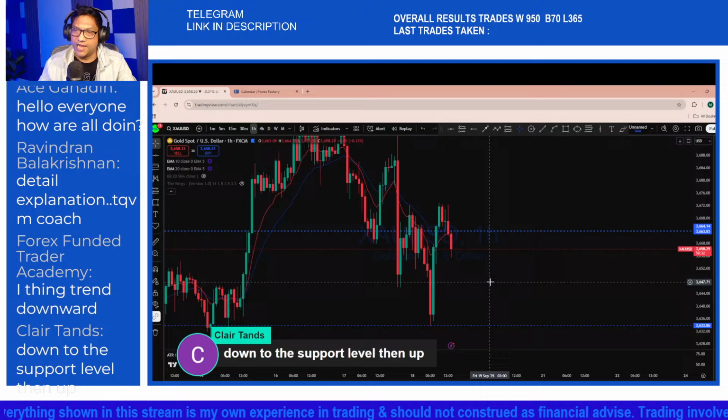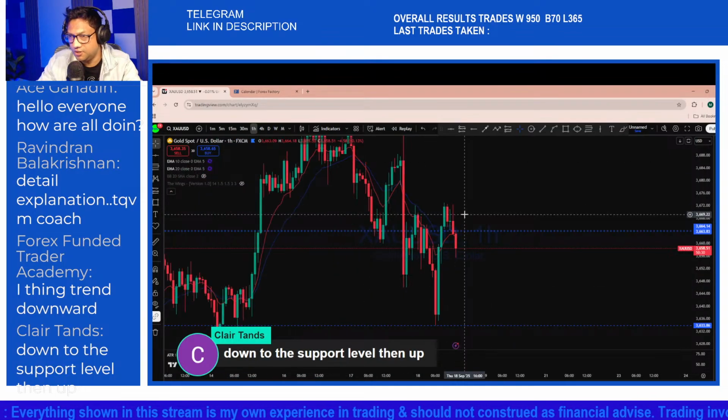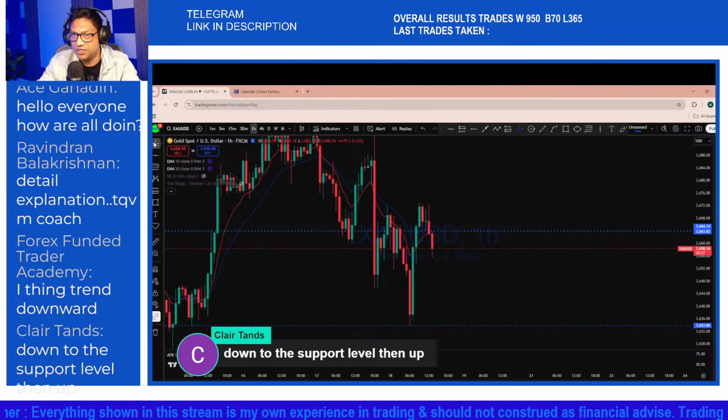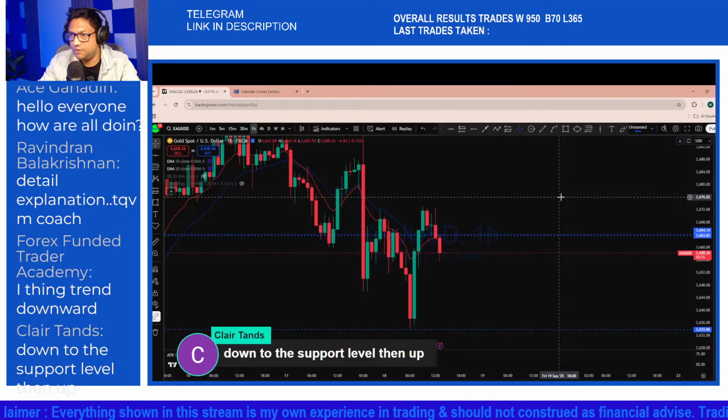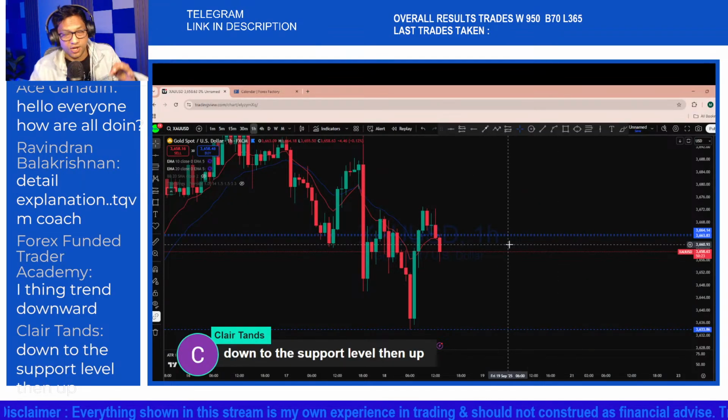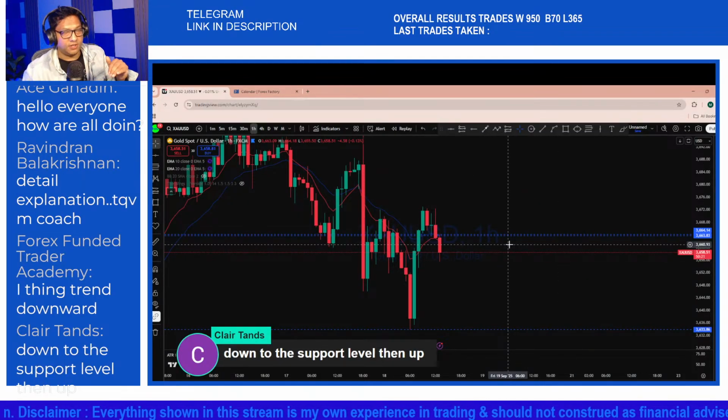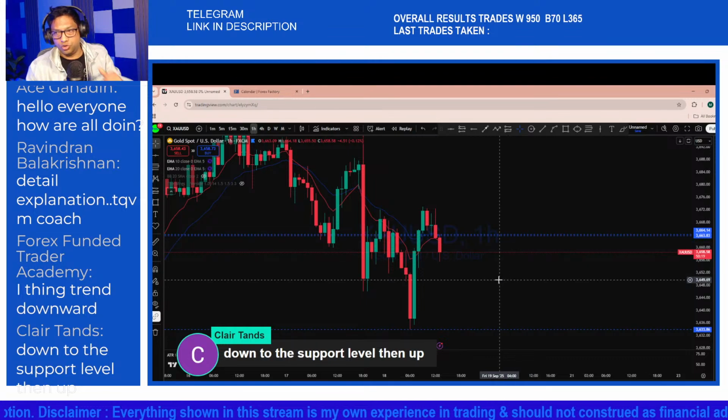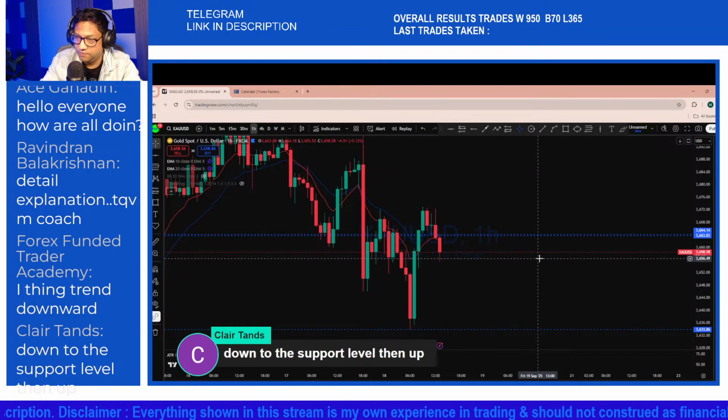We have seen the 10 and 20 MA cross over each other, a bearish price action, which is showing that potentially the market will trend and continue to drop here to this support level.